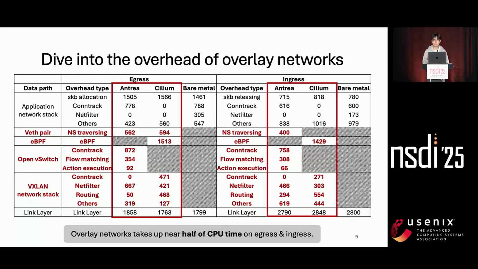And within this overhead, connection tracking and packet filtering contribute the most to CPU usage. Thus, how can we eliminate this overhead without losing any functionalities? Remember, we still aim to preserve the flexibility and the compatibility of the overlay network.